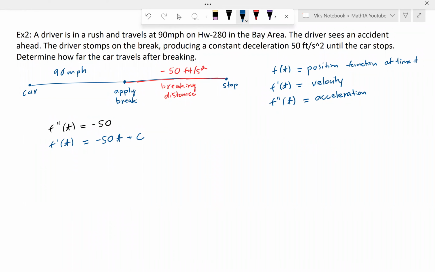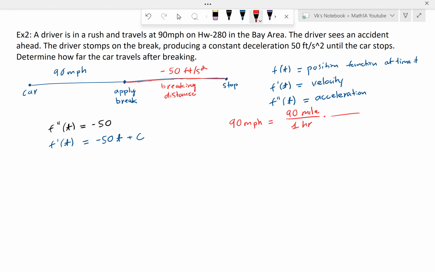The velocity is 90 miles per hour though, so we have to convert it to feet per second. 90 miles per hour is 90 miles over 1 hour.